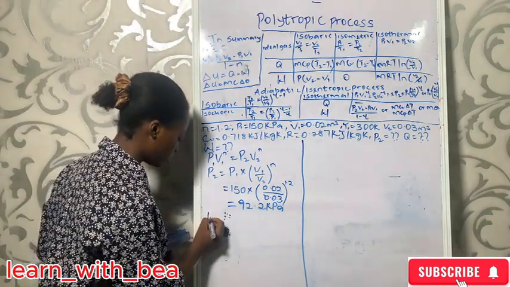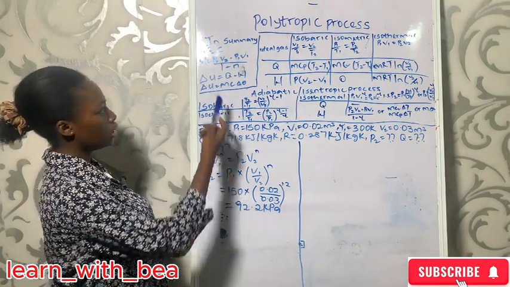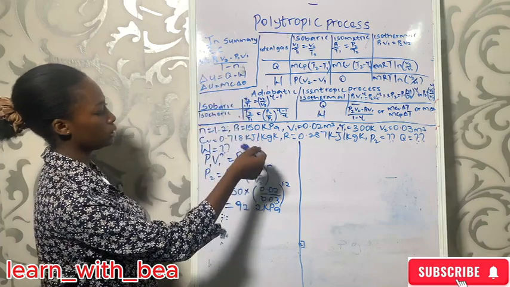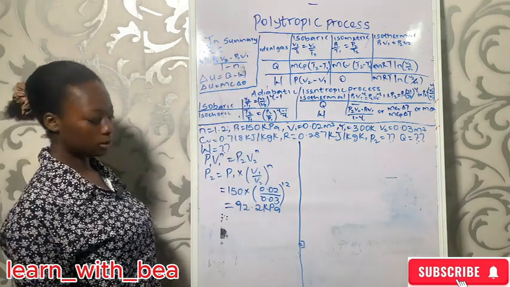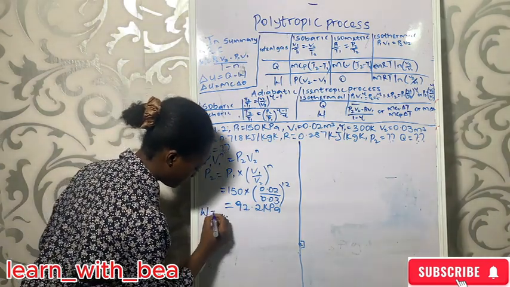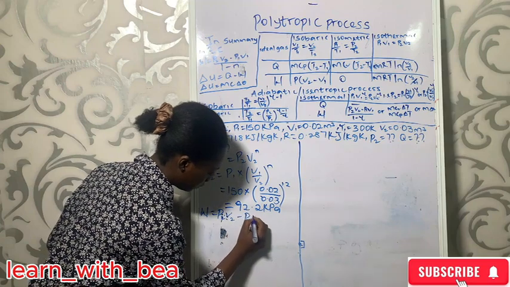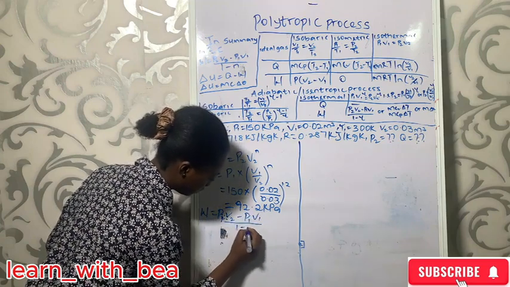So we've gotten our final pressure. We're now to look for the work done. Which work formula are we going to use? This is the formula we use to calculate it: W equals P2 V2 minus P1 V1, divided by 1 minus n.